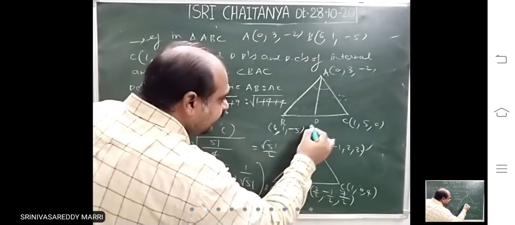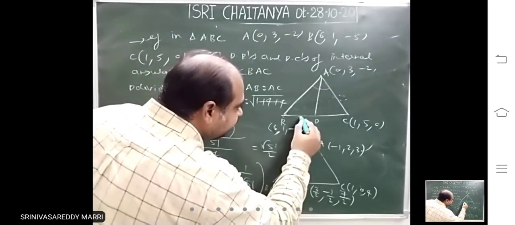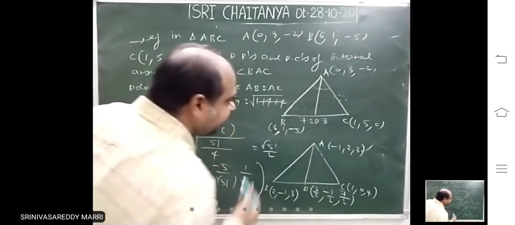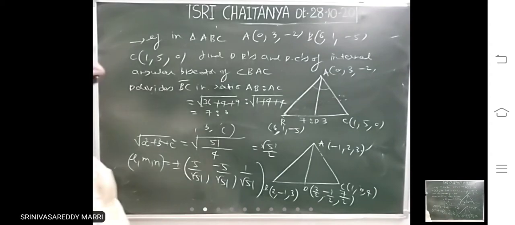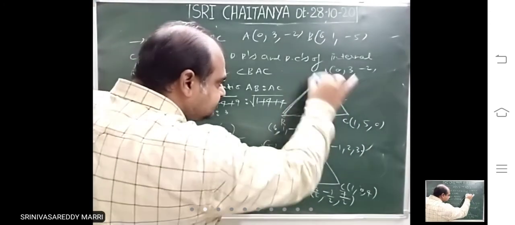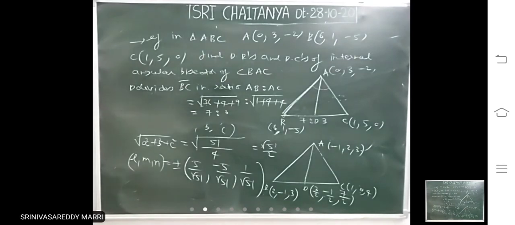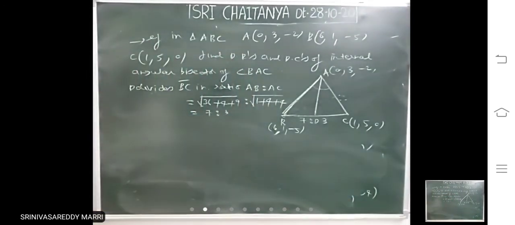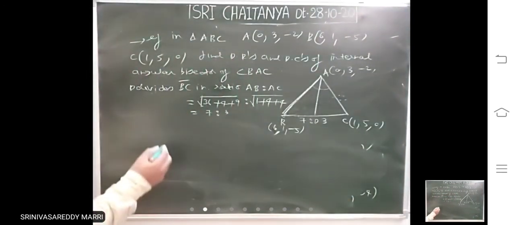That means this point D divides BC in the ratio 7 is to 3. Right? This D divides BC in the ratio AB is to AC. That is the property. So D point you can calculate, and after that DRs and DCs.